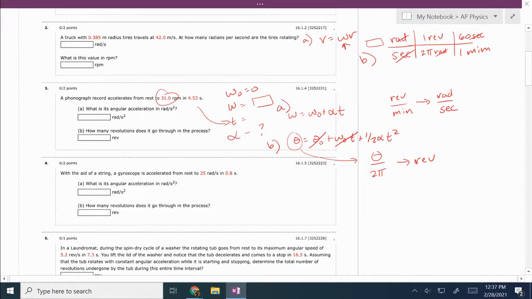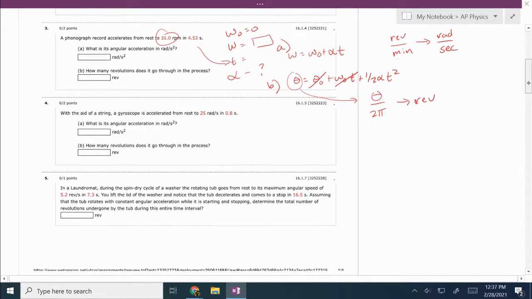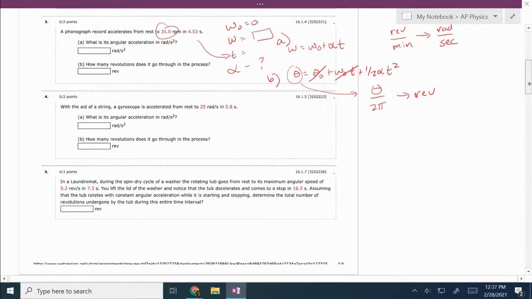Number 4, with the aid of a string, a gyroscope is accelerating from rest to 25 radians per second. So this is even easier. Your omega naught would be 0. Your final omega is exactly what it tells you, so you don't have to change anything.